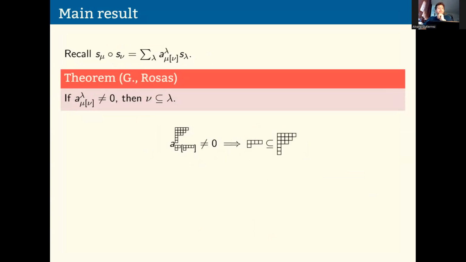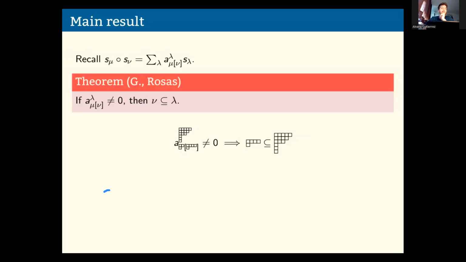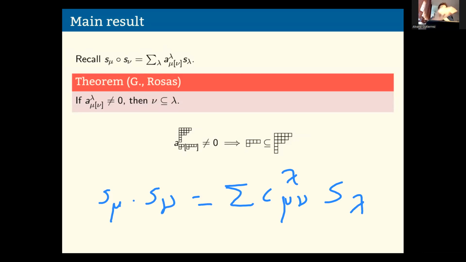So plethystic coefficients are not well understood at all, but even Littlewood-Richardson coefficients, which are the other ones, these ones are well understood, and even for them, it's really hard to say when this is non-zero. And Terence Tao with Allen Knutson showed the saturation conjecture, which was a conjecture on stability behavior of these coefficients, and that involves these coefficients being non-zero.